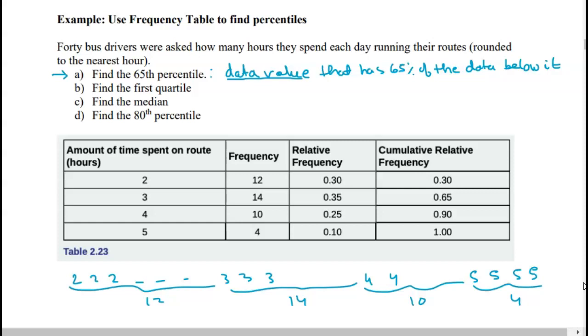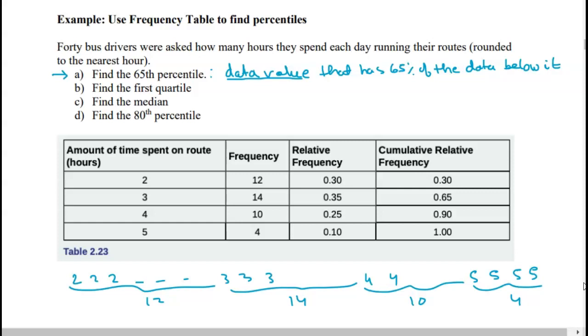Okay? So the cumulative relative frequency says we have 30.3, or 30%, of twos, and 65% is twos and threes.